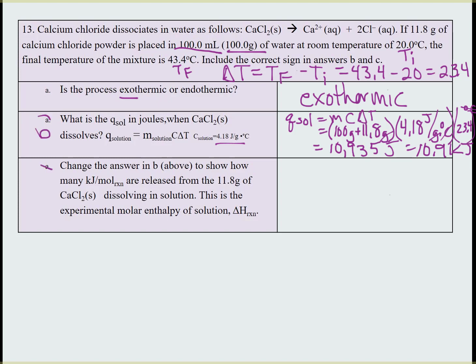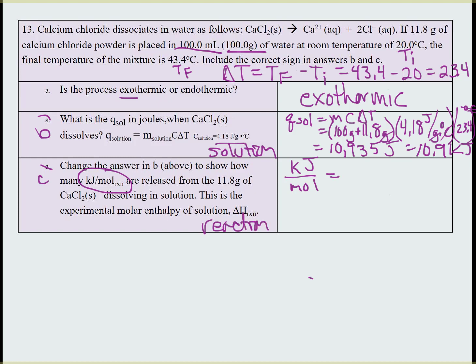So C, we have changed the answer to show how many kilojoules per mole. This is our formula, kilojoules per mole. And we already know our kilojoules. The only thing that you would need to do is to change the sign, because where B is the solution, on this one, this is the reaction.